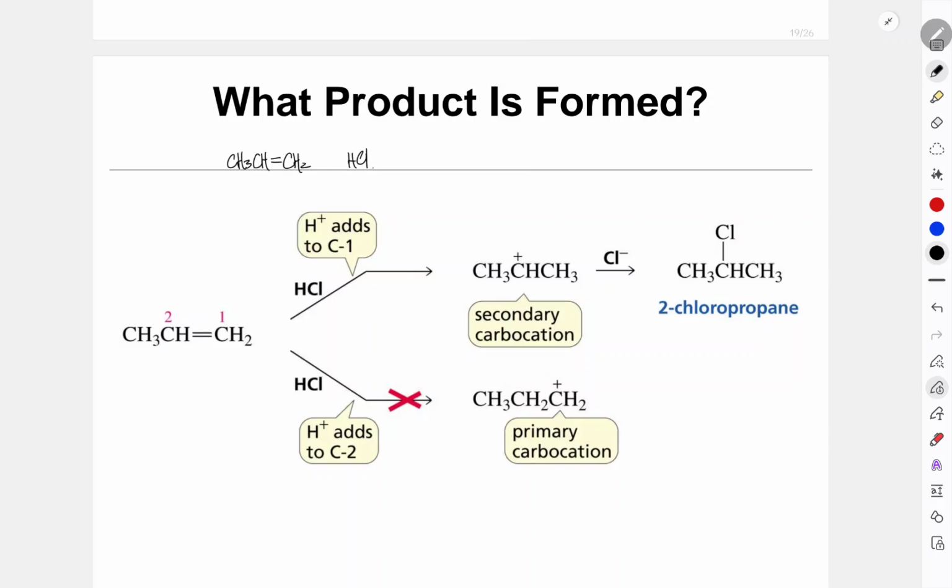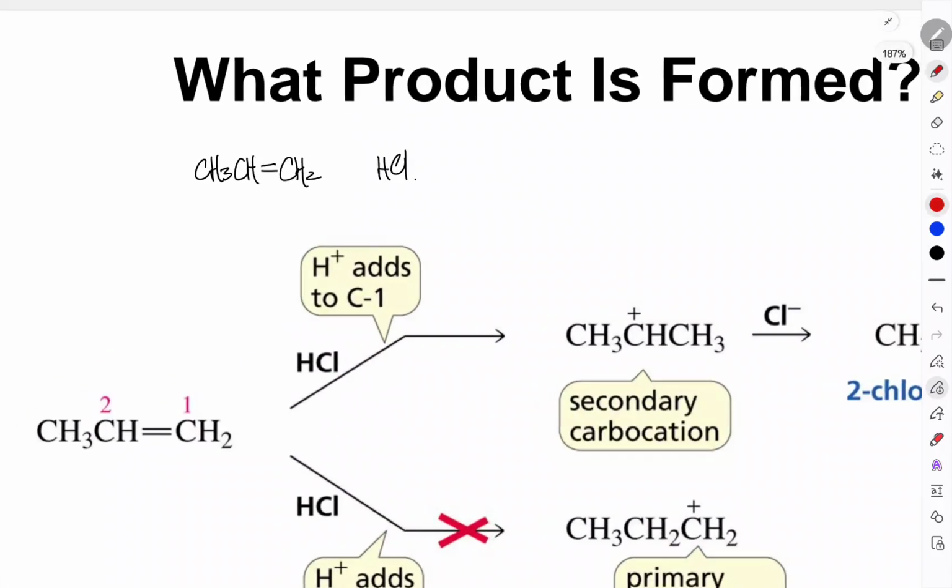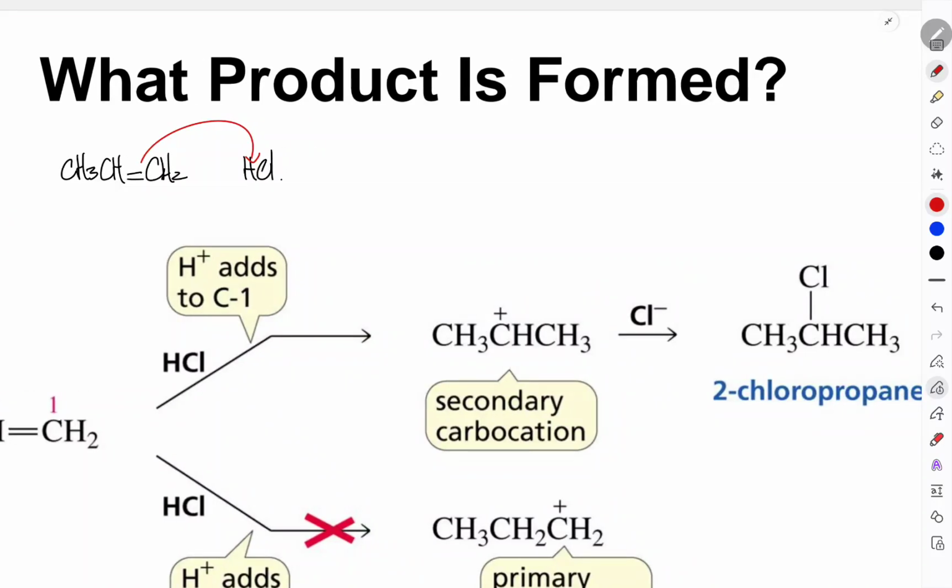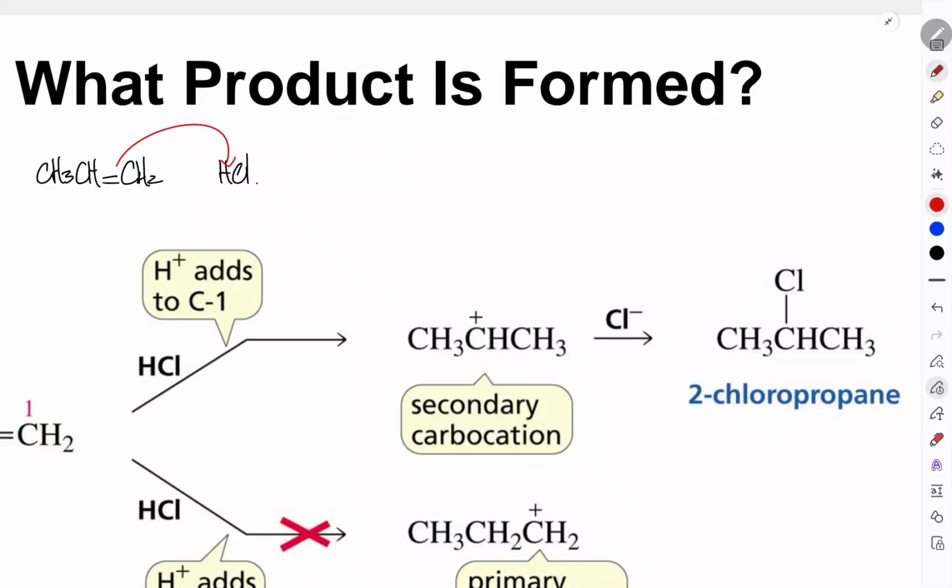If you go above, then you will generate a secondary carbocation: the proton is added there, so you will generate a positive charge on the number 2 carbon. That is the secondary carbocation. If you think about the bottom line, if the proton adds first to C2 here, that means you are generating this primary carbocation, which is very unstable. That's why the bottom pathway is largely disfavored.